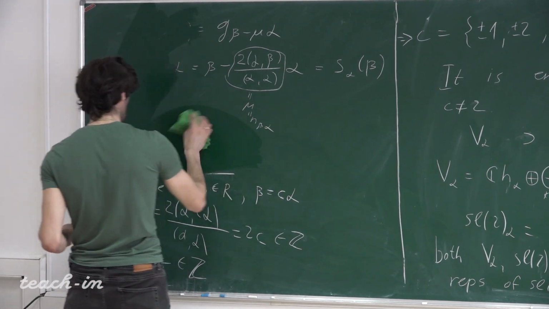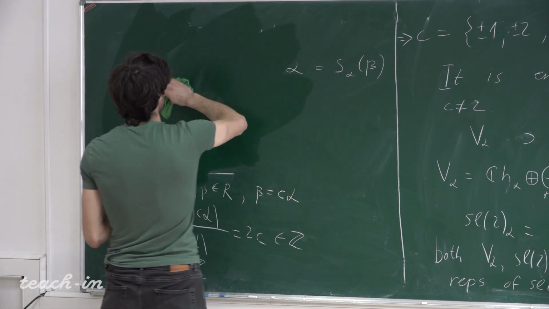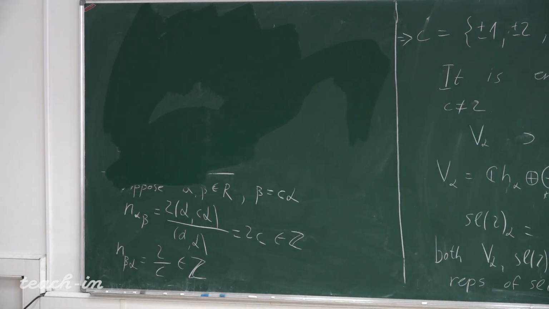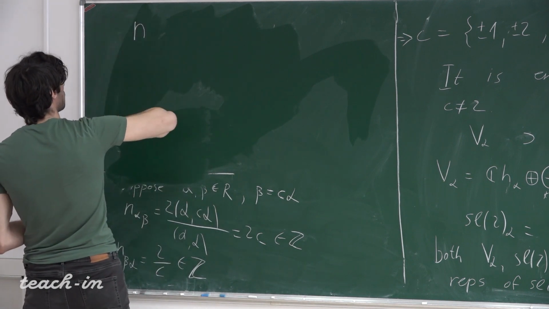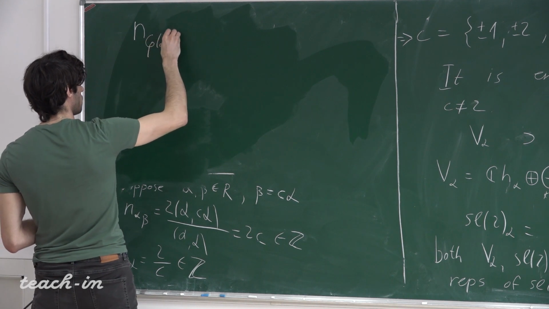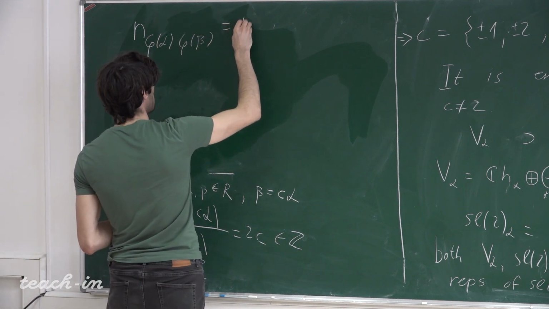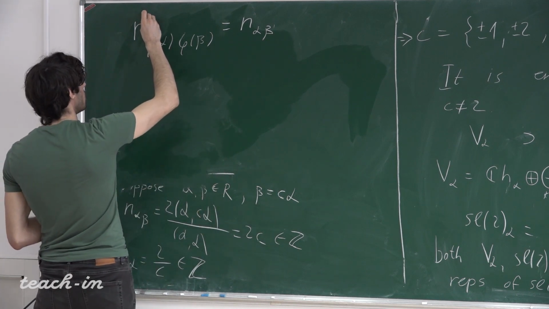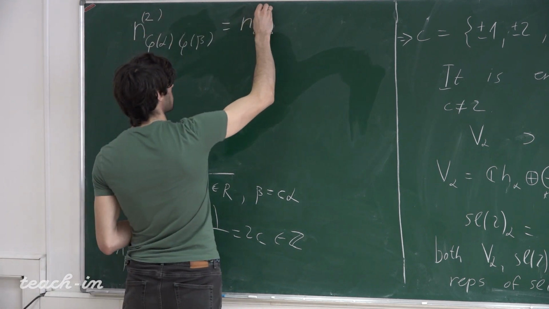Well, we have these numbers which are very important, n alpha beta, all right? And you have these numbers for R1 and for R2, okay? So let me write it like this: n of phi of alpha, phi of beta is n alpha beta. So this one corresponds to the second root system, and this one corresponds to the first one.